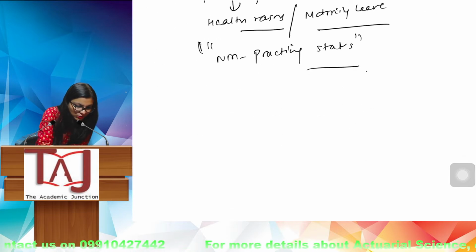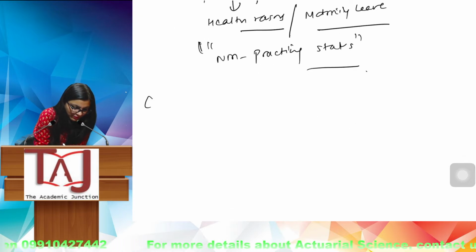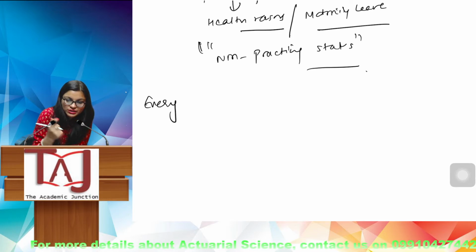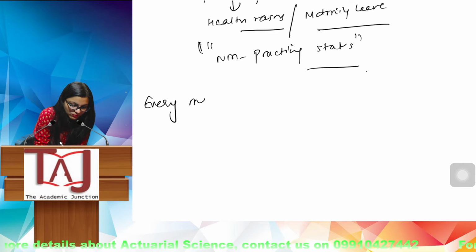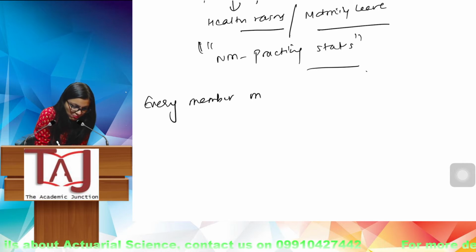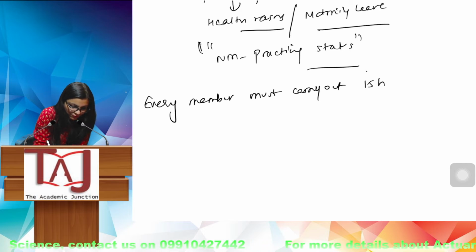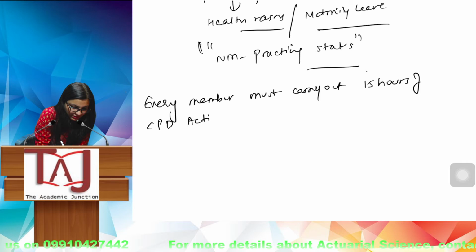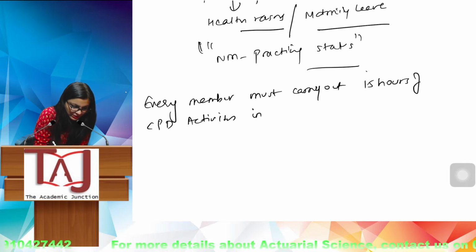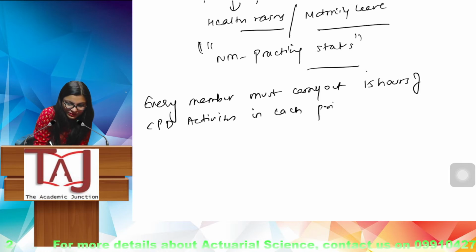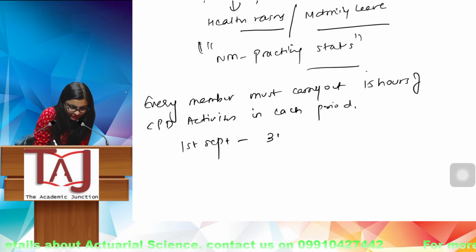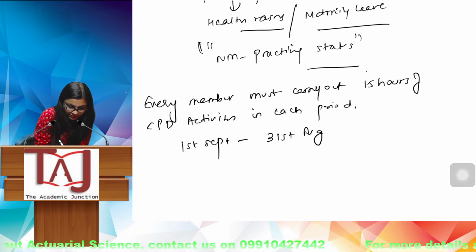So basically अब requirement क्या है CPD की? All those who are fulfilling the criteria for meeting the CPD, all those members must carry out 15 hours of CPD activities in each period. अब period क्या है basically? हर साल 1st September से लेकर 31st August तक.